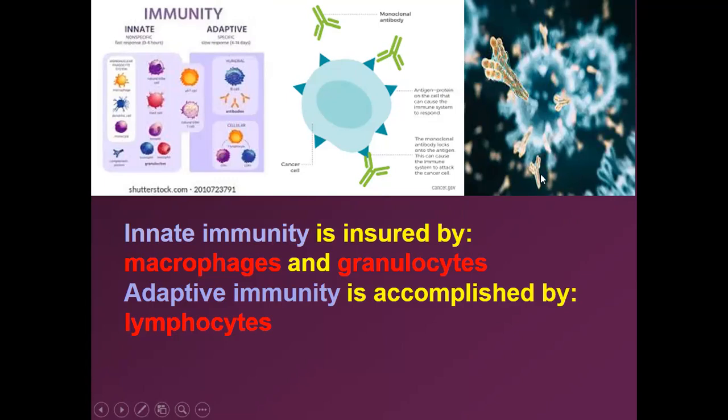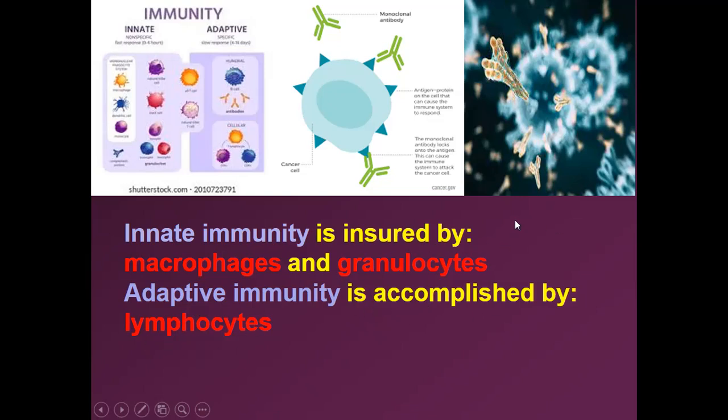Now we are going to speak about the molecules of the immune system. But before, we are going to classify the immunity into two categories: innate immunity, which is ensured by macrophages and the granulocytes, and adaptive immunity, accomplished by lymphocytes.